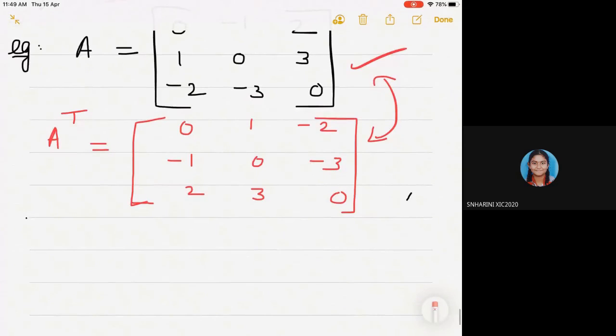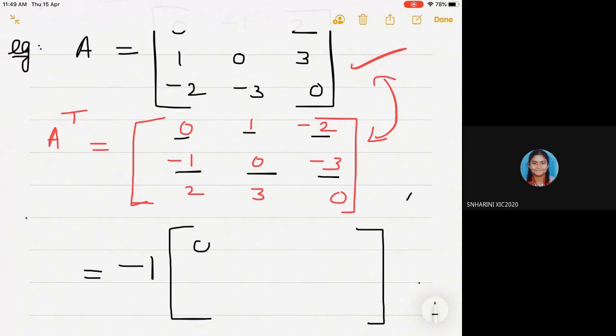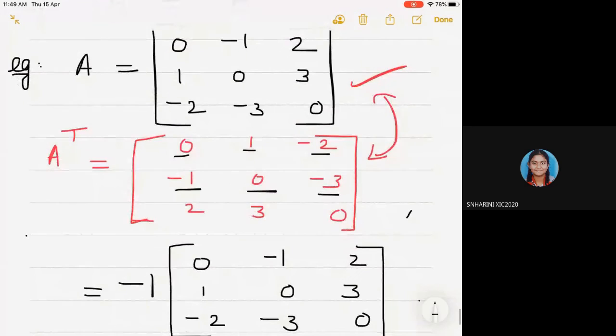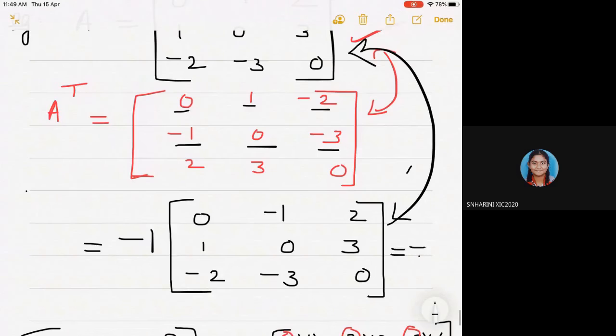If you take minus 1 outside, how to know what is the remaining one? You divide each element by minus 1, right? So you'll get 0, then 1 by minus 1, then 2, then 1, 0, 3, minus 2, minus 3, 0, right? And we just compare these two. This is nothing but A, so we can write it as minus A.